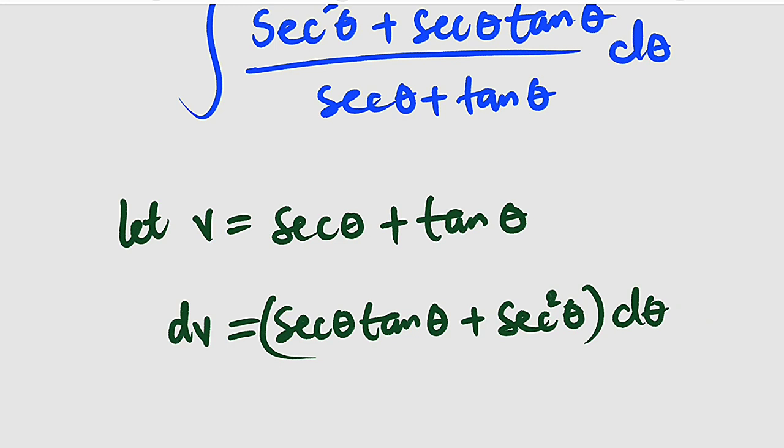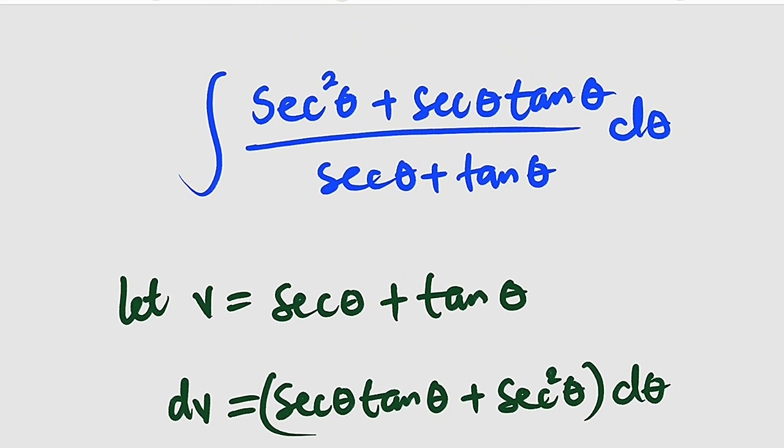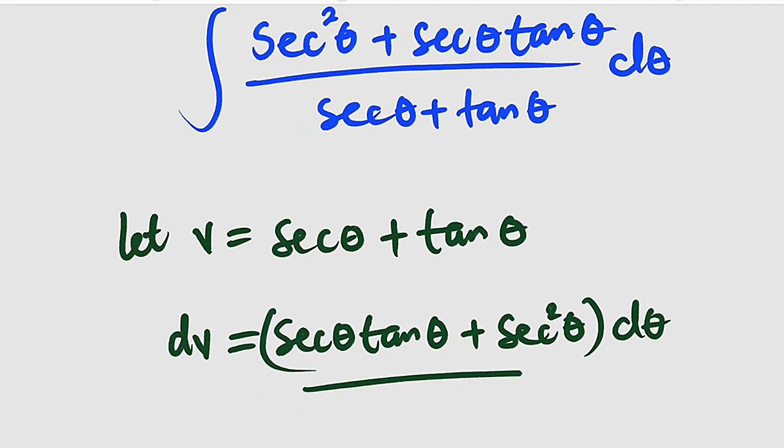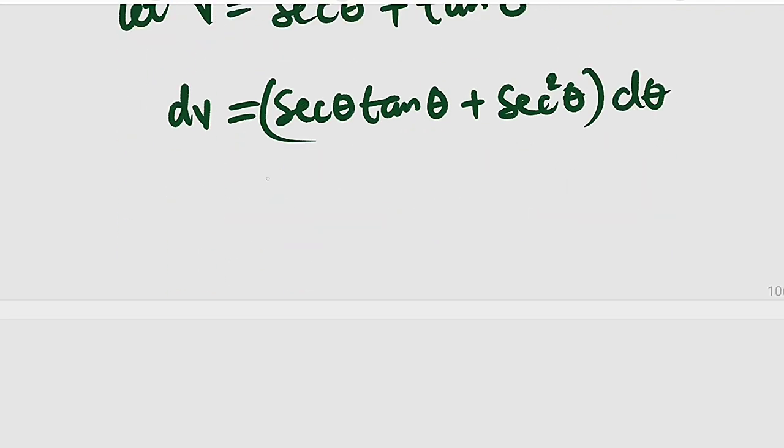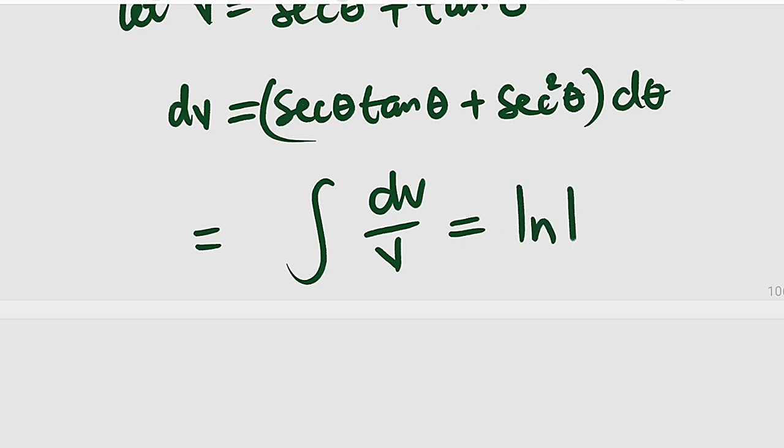So you can clearly see that to the top we have exactly secant squared theta plus secant theta tangent theta, which we have here. Now we can replace it with dv, and the bottom is now going to be v, right? So we have the integral of dv divided by v, which is equal to the natural log of the absolute value of v.